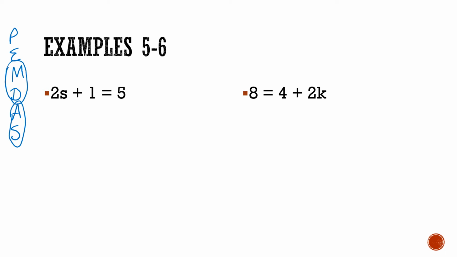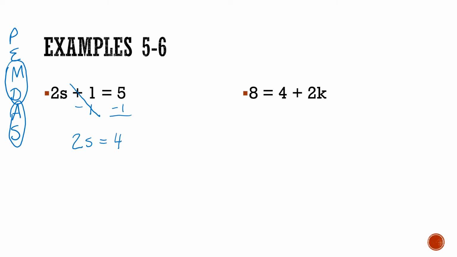We were adding 1, so we're going to subtract 1 first. Those cancel, and we're going to subtract 1 from 5. 5 minus 1 is 4, but we're still left with 2s. So at this point, we have simplified our two-step equation into a one-step equation.